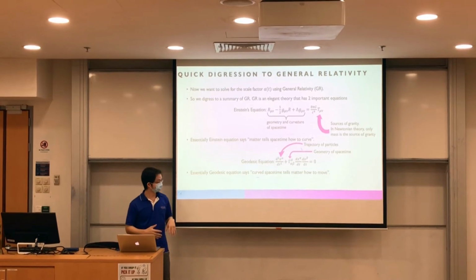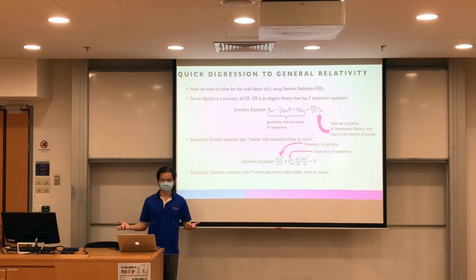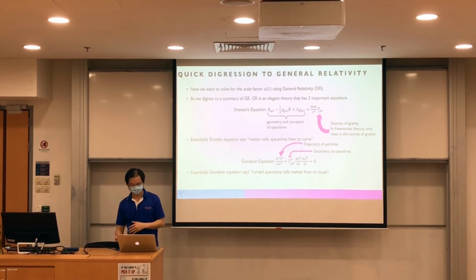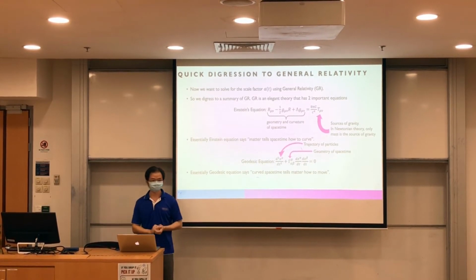So the two equations are interlinked. Okay, and that's all for general relativity. Two equations. Just that in my course, the derivation of the two equations takes a few weeks of the semester.